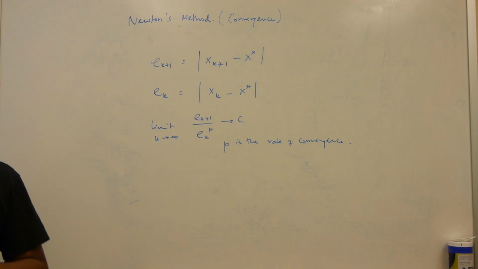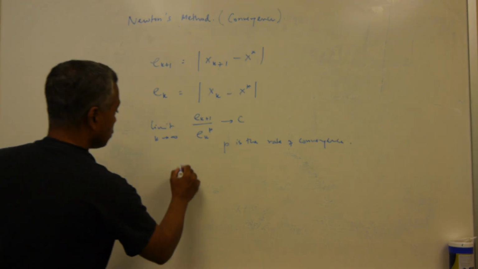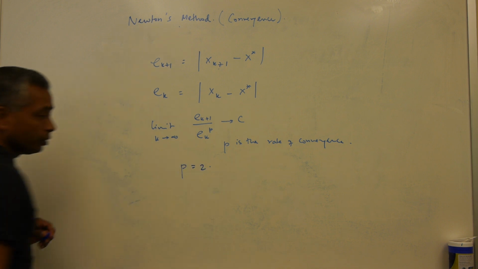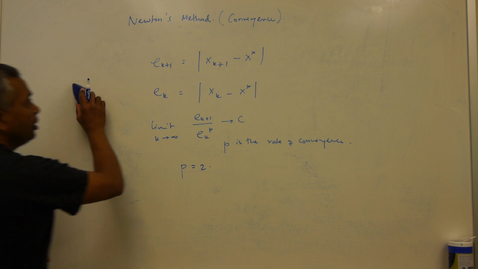And I have said a few times before that the convergence of Newton's method is quadratic. So it is up to me to show you that in this particular case, p equals 2. Okay, so I'm going to argue that p equals 2. In fact, the result I'm going to show you is a lot more restrictive than arguing that p equals 2 in general. Okay, so here is the theorem.